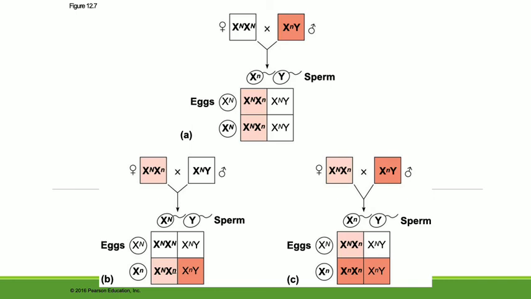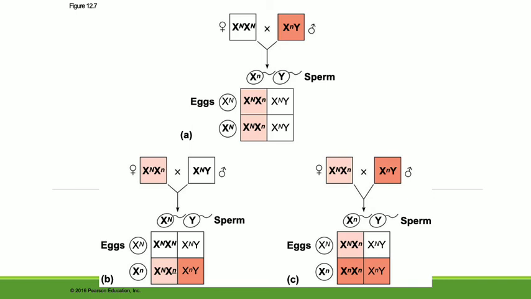Okay, so this woman is homozygous dominant for N, and this male is, we call it hemizygous, it's not homo or hetero because there's only one, but he's recessive for this trait, right? When he makes sperm, some of the sperm will have the X chromosome with the recessive allele n, and some sperm will have the Y chromosome and they will not carry the trait for N at all.